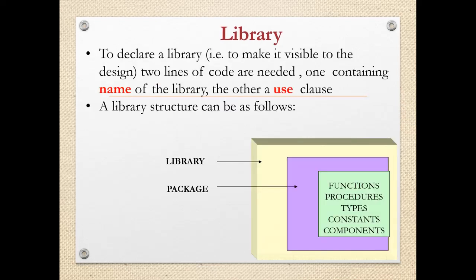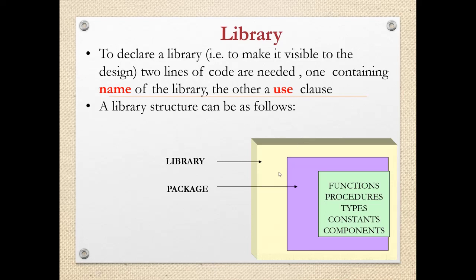Before that, we'll see some more details of the library. To declare a library, that is to make it visible to the design, two lines of code are needed, one containing the name of the library and the other the use clause. The library structure can be as follows.